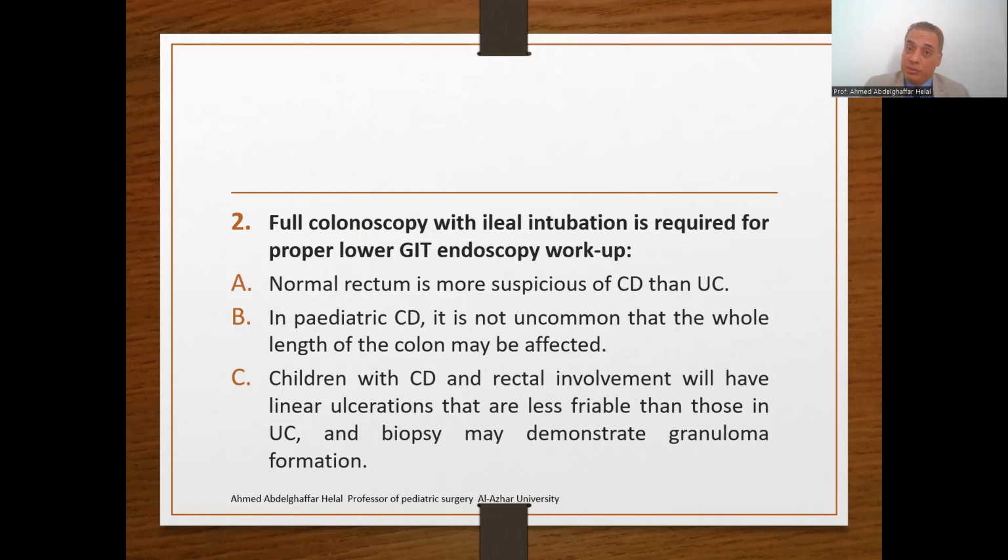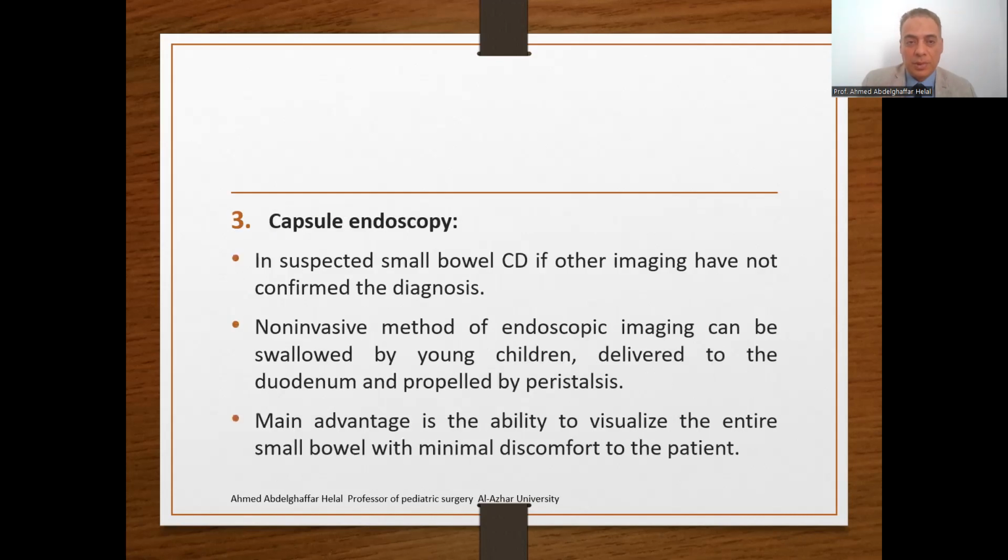A normal rectum or rectal sparing is more suspicious of Crohn's disease, as ulcerative colitis usually starts in the rectum and spreads proximally. However, there are some cases of Crohn's disease with rectal involvement.